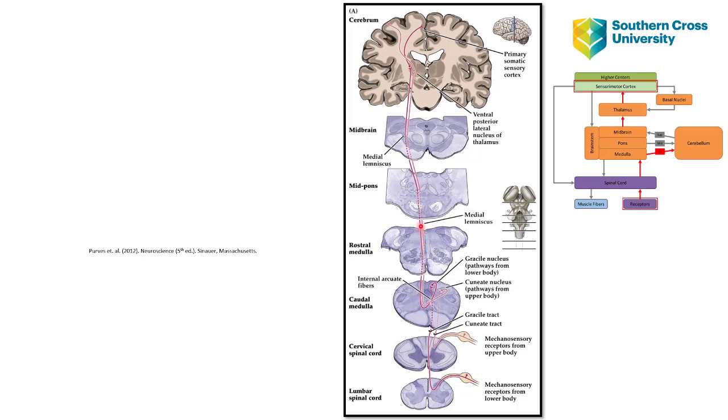That's what decussation means. Travels all the way up through the rest of the brainstem and then synapses at the thalamus, in particular the VPL nucleus of the thalamus. And then the third order neuron travels from the thalamus up to the somatosensory cortex. So three neurons in this pathway, and this pathway crosses the midline.